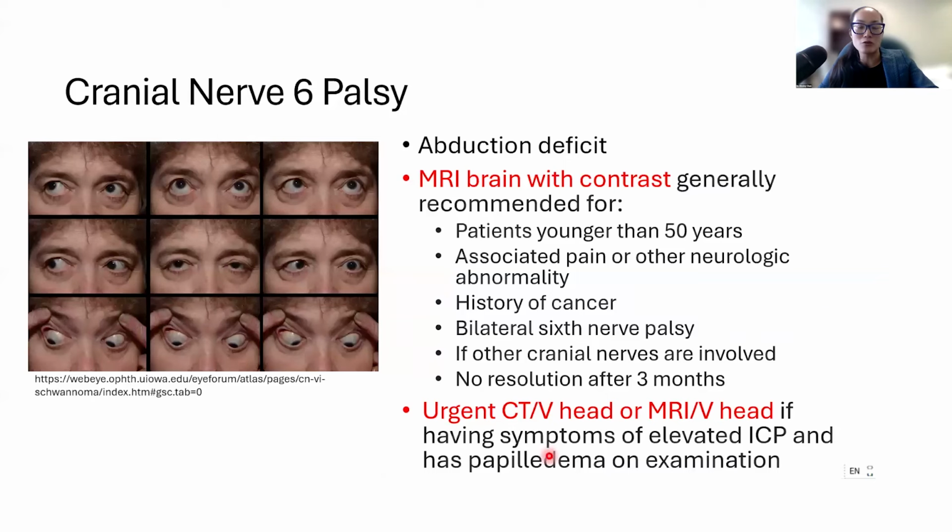The reason for the venogram is you're also screening for a venous sinus thrombosis, which can cause elevated brain pressures. Generally speaking, you just need to image these people if there's something unusual about it or any of these criteria come up.